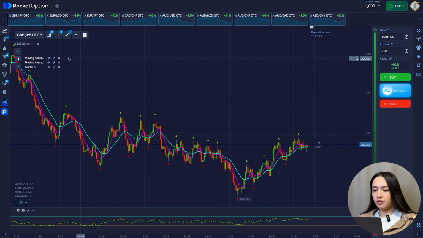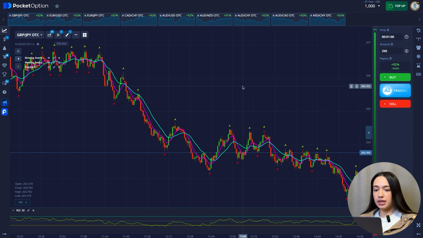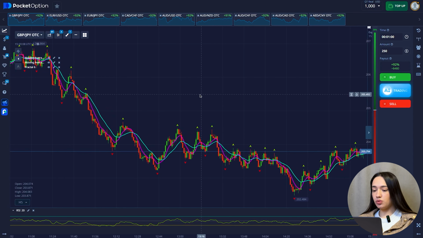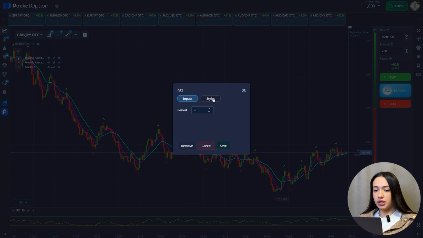Next, let's move on to the moving averages. Let's start with the first one. The first is a weighted moving average with a period of 9. It is marked in purple color, and the weighted moving average with a period of 21 is marked in turquoise. Also, for additional analysis of trend, momentum, and signal confirmation for trade entries, we have RSI with a period of 20.